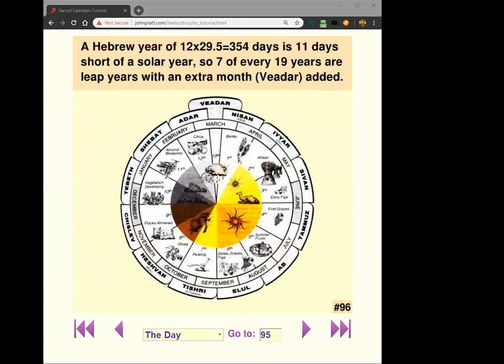And that comes out so accurate that that's what the Jews have used forever. Forever meaning before AD 200, they mostly did the observational kind, where you'd have people go out.